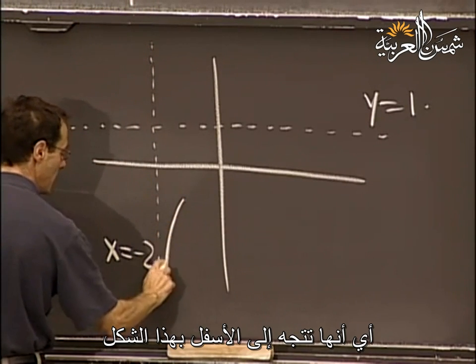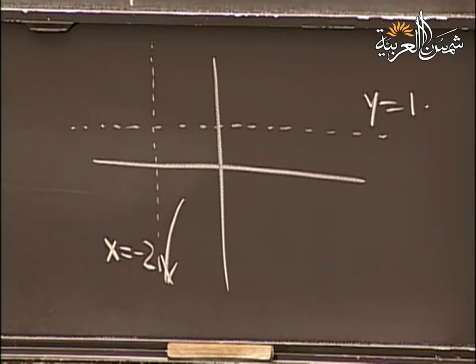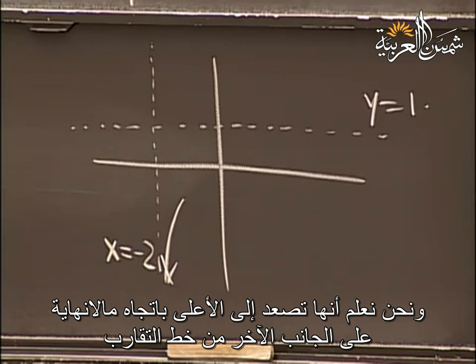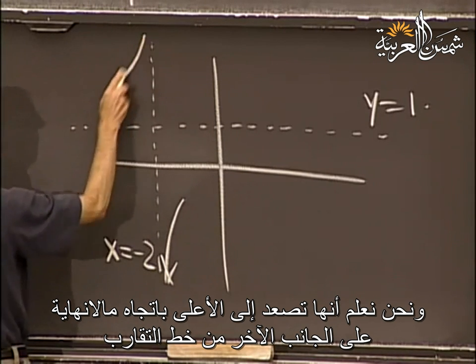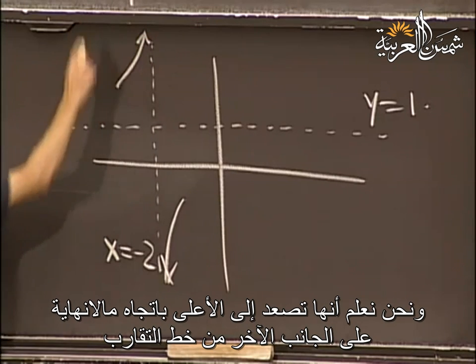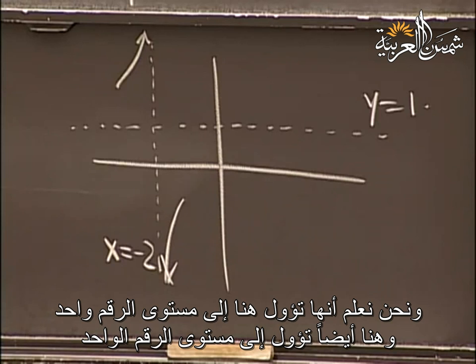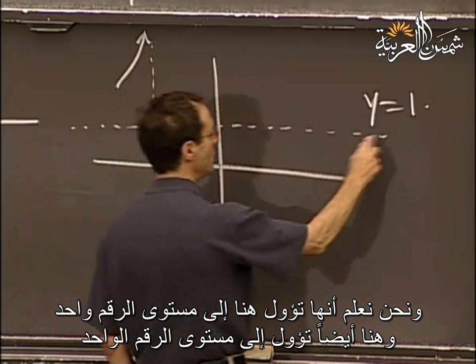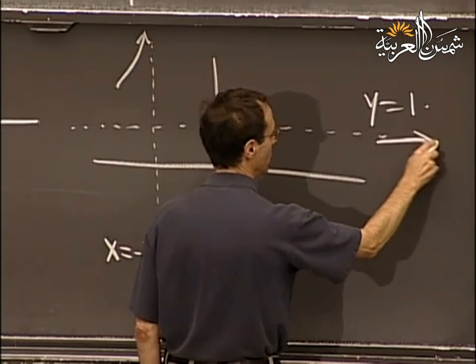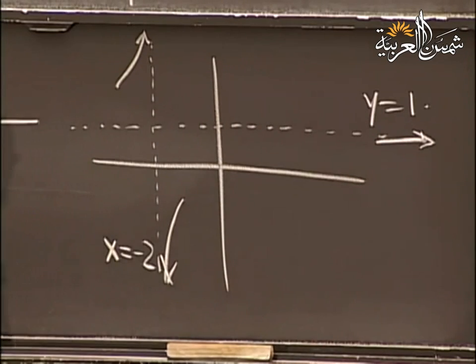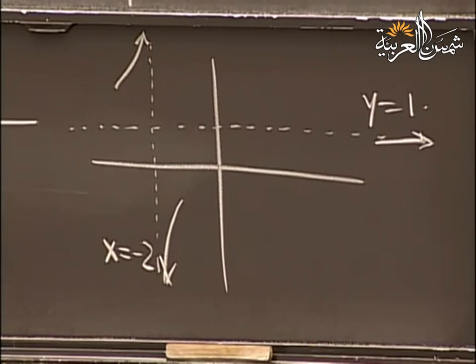So that's down like this. I also know that it goes up to infinity on the other side of the asymptote. And over here, it's going out to the level 1, and here it's also going to the level 1.